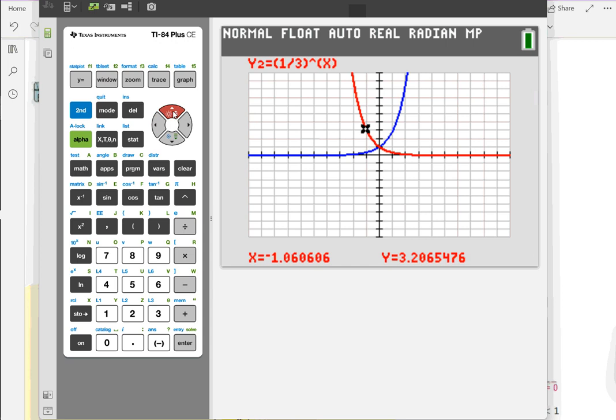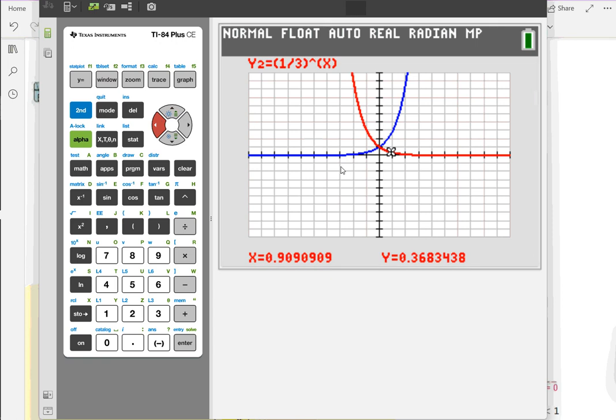If I go ahead and switch graphs to the red function, just up arrow here, if I'm at -1 or really close to that, then I'm at 3, which is my base. If I'm at 0, I'm going to be at 1. If I'm at x equal to 1, I should be at the reciprocal of the base, which would then be 1/3. It's about 0.333. So we see that we're really close to that.